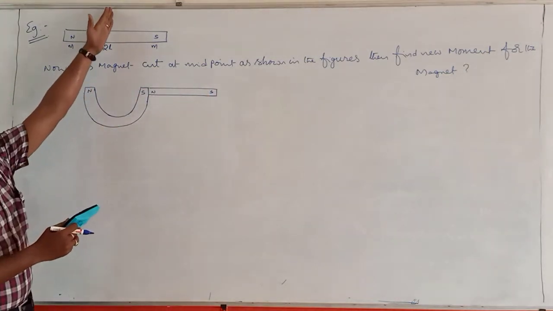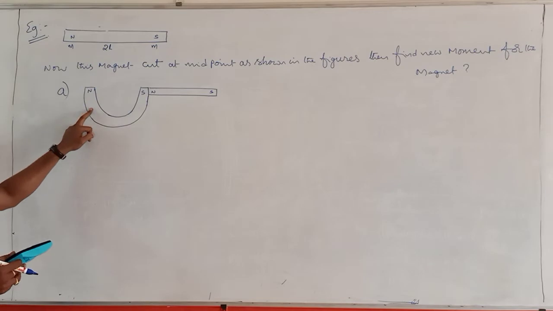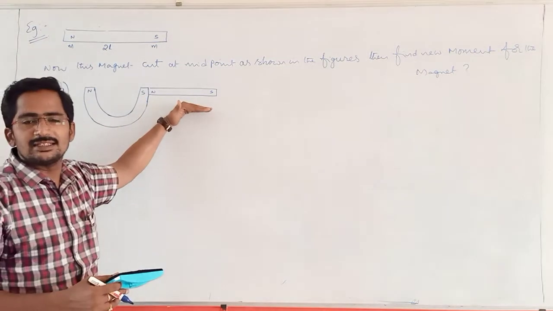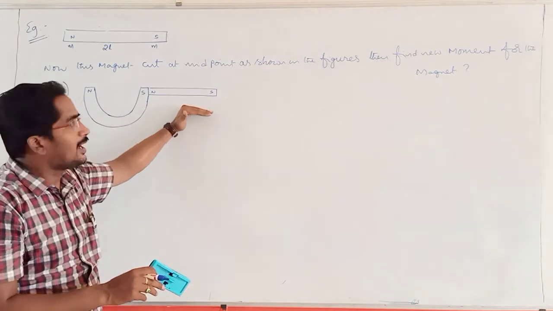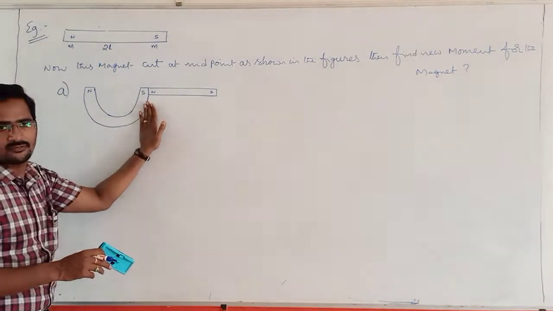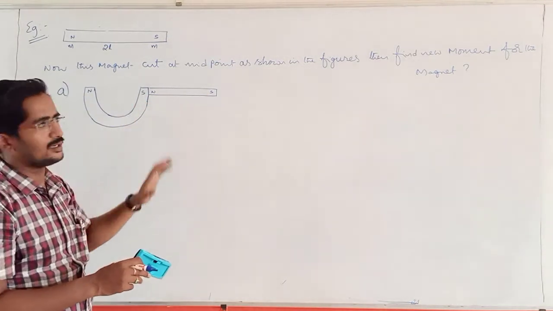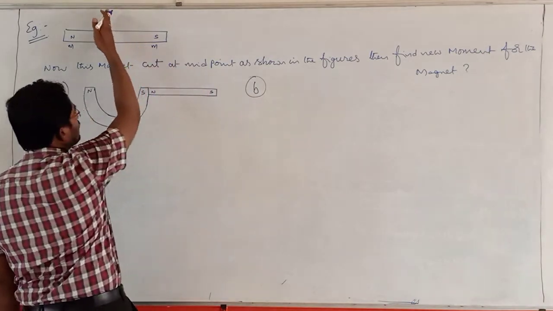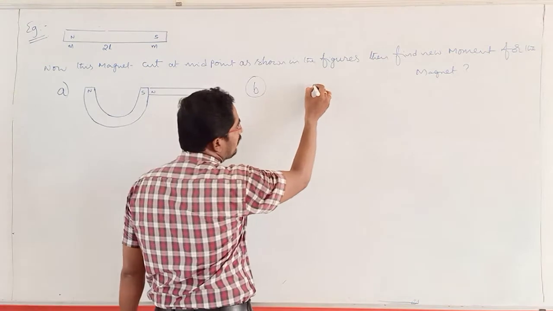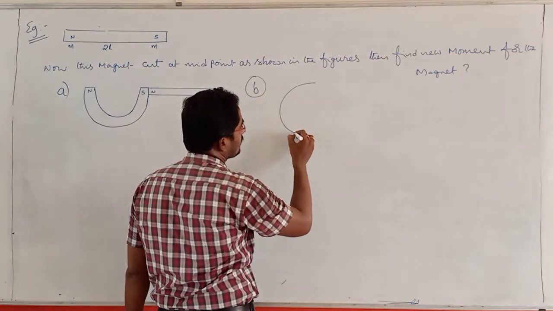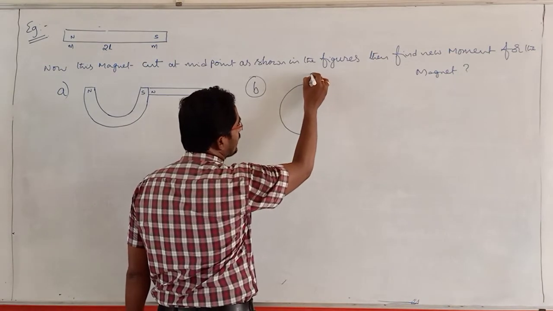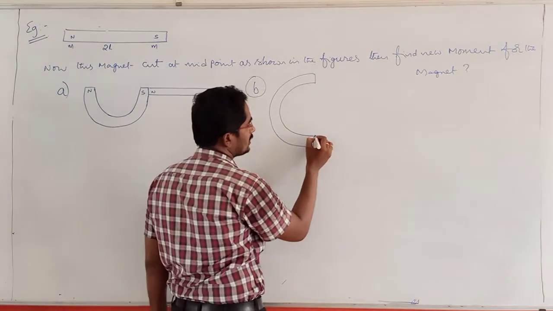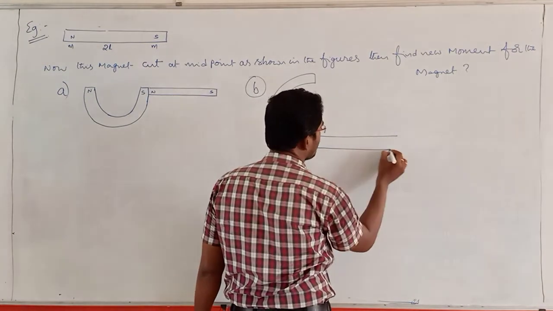See, the magnet is cut at the center. One piece is bent into a semicircular shape, and the other half piece is put as it is and attached to this first piece. Then what is the moment? Secondly, after cutting, the first half of the piece is bent into the shape of a semicircle, and the second half piece is put like this.